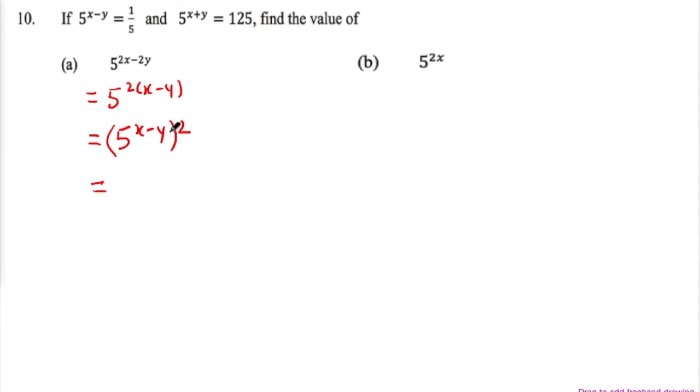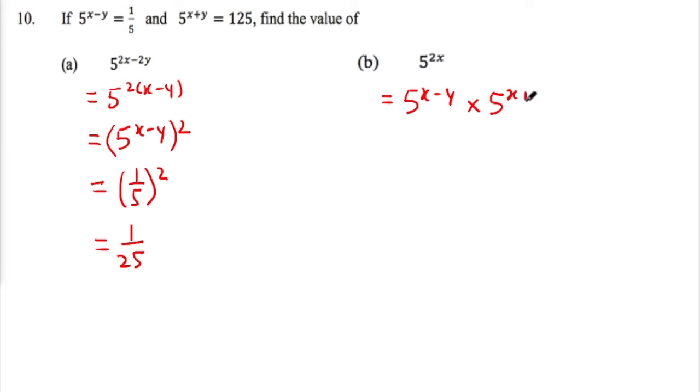Now we can make use of the value 1/5 and put it to the power of 2. Remember to put it in brackets. 1/5 square is 1/25. In the second expression, we can rewrite it by taking 5 to the power of x minus y multiplied by 5 to the power of x plus y.